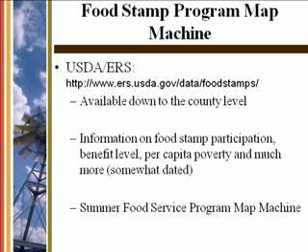It has information on food stamp participation, benefit level, per capita poverty, and much more. It's a little bit dated. I think the most recent data is 2002, but still it's nice to have that geographic information available. They also have information on the Summer Food Service Program map machine that gives you information about how that program is used geographically in the state of Ohio, and that might be useful for some of your programs as well.